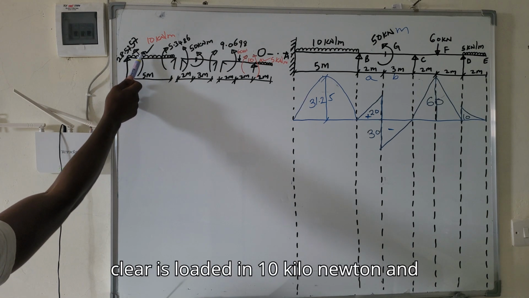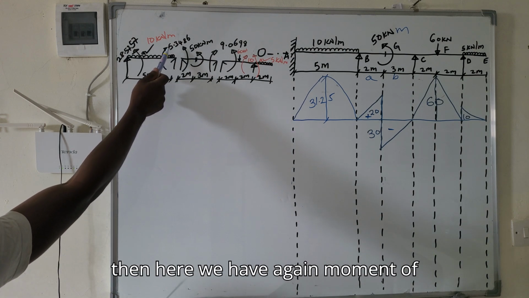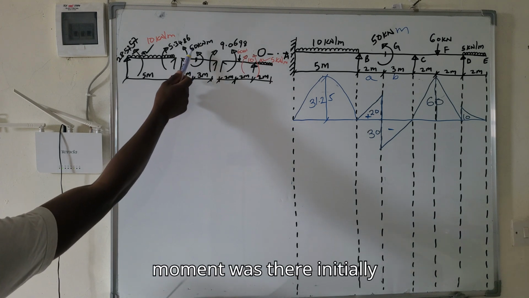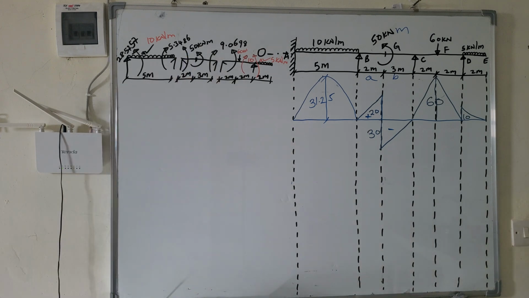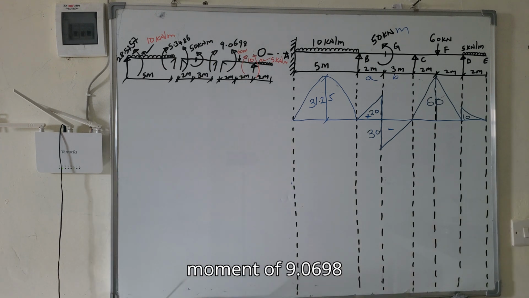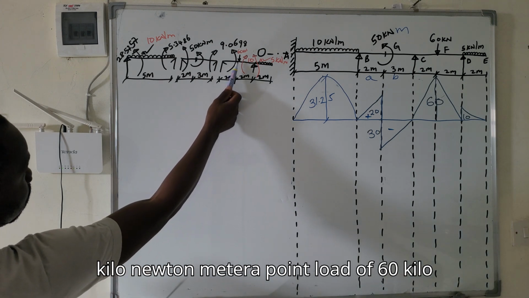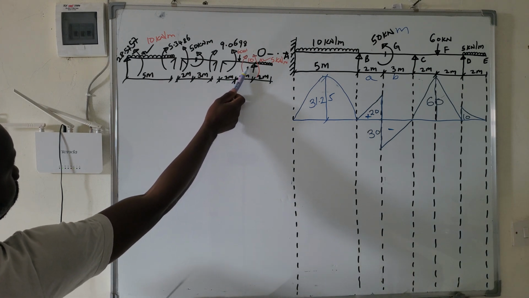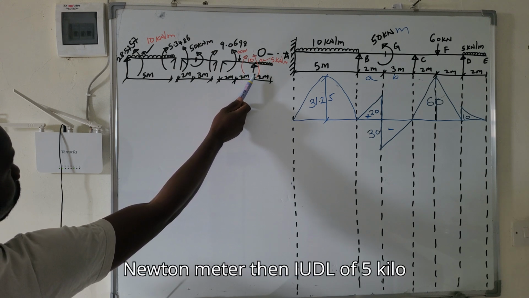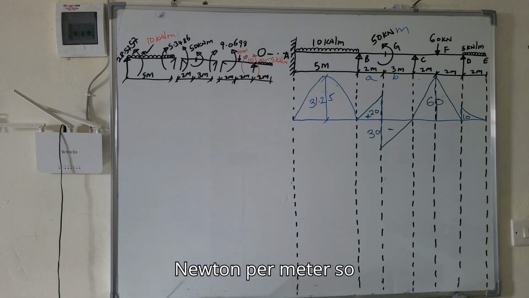From here to here is loaded with 10 kilonewton. Then here we have again a moment of 5.3486. This moment was there initially, 50 kilonewton meter. We have another moment of 9.0698 kilonewton meter, a point load of 60 kilonewton, a moment of 10 kilonewton meter, then a UDL of 5 kilonewton per meter.